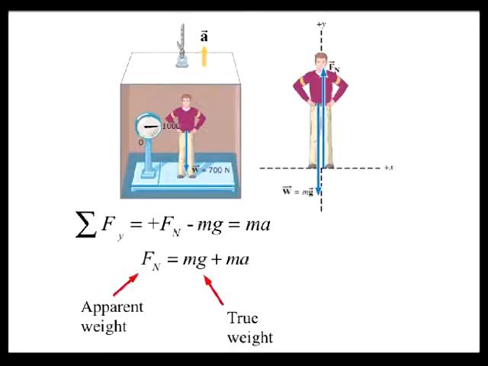Therefore, the apparent weight is greater by an amount ma than the true weight when the elevator accelerates in the positive y direction. Note, if the elevator accelerates downward, the sign of the last term, ma, would be negative. So you can see directly that if this last term were negative mg, the normal force, or the apparent weight, would be 0.